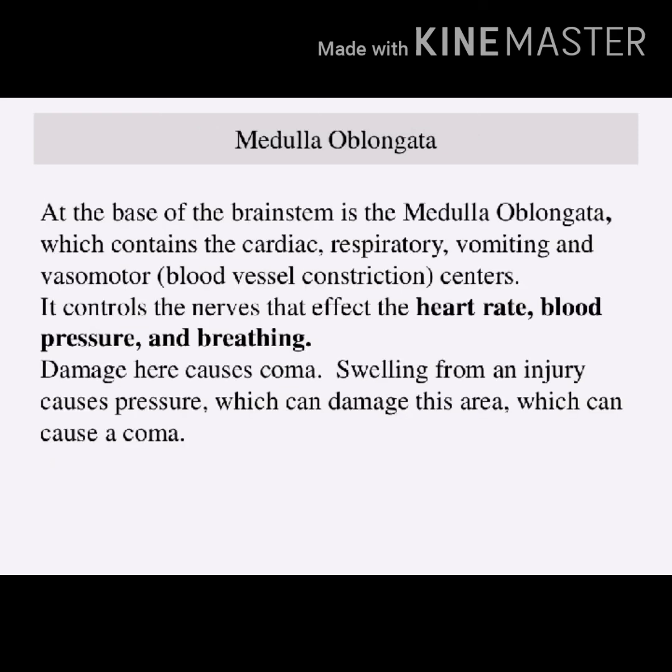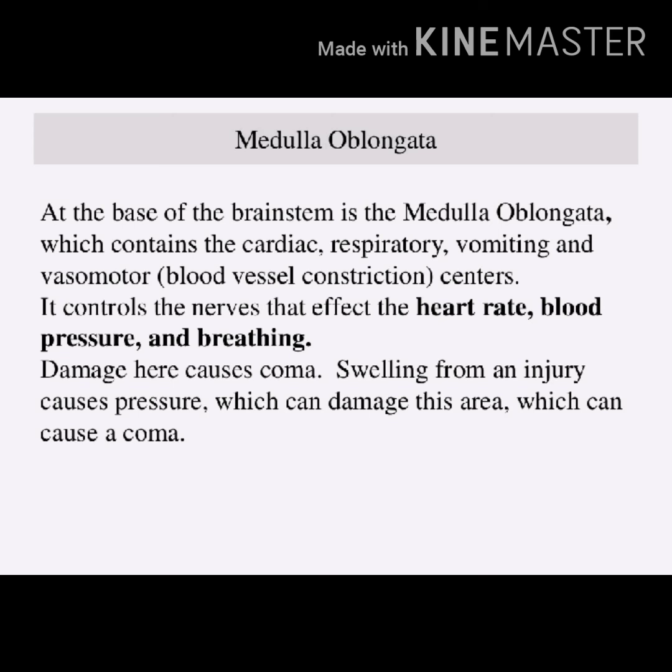All are familiar with the medulla oblongata. At the base of the brainstem is the medulla oblongata, which contains the cardiac, respiratory, vomiting and vasomotor centers. Vasomotor in the sense of blood vessel constriction. It controls the nerves that affect the heart rate, blood pressure and breathing. Damage here causes coma.